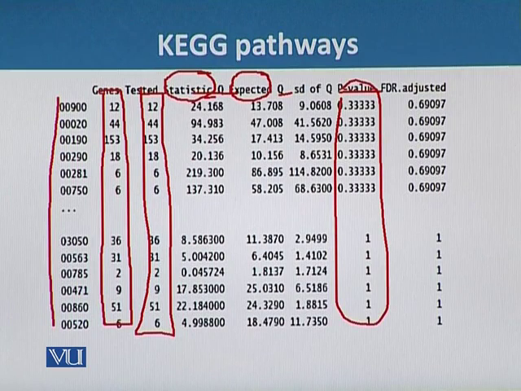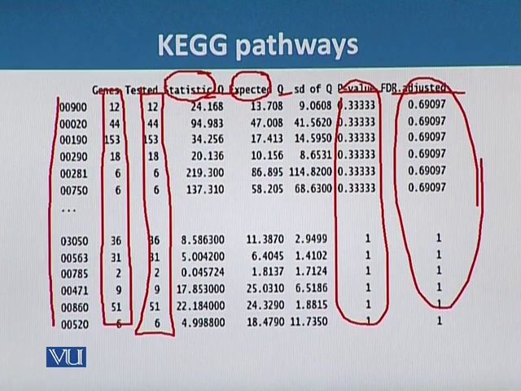And the last is the FDR adjusted, and this column gives the FDR values, that are P values corrected for the number of tests. So we will get very detailed results, and after analysis we can get the data that are divided into different columns.